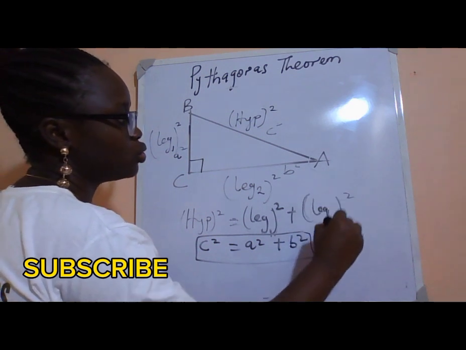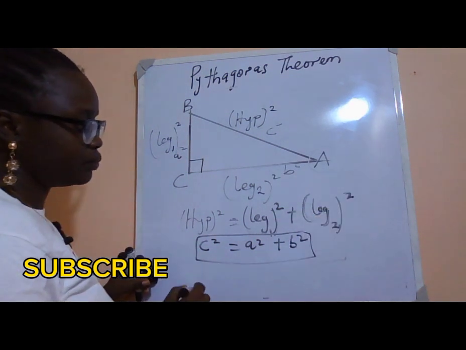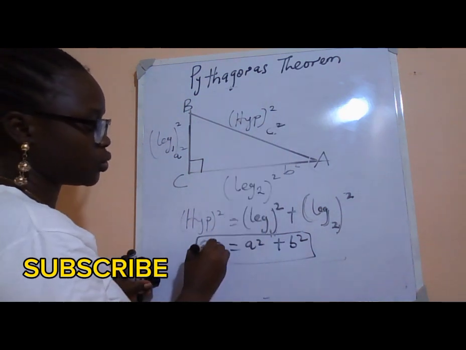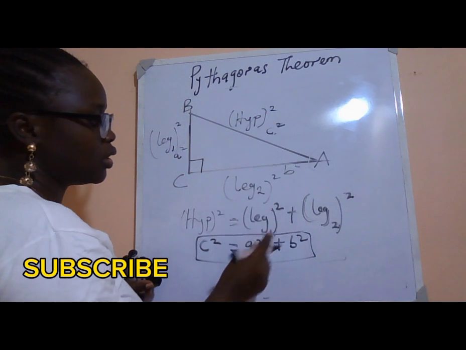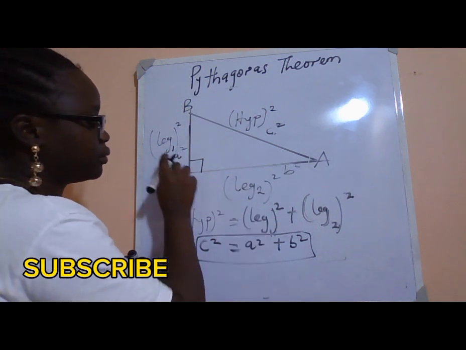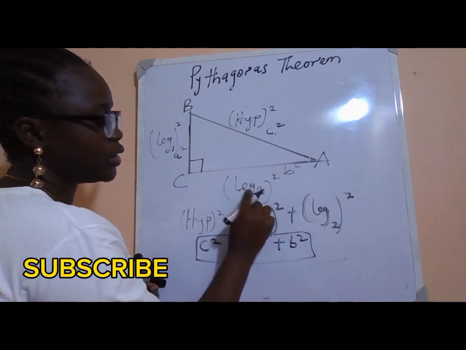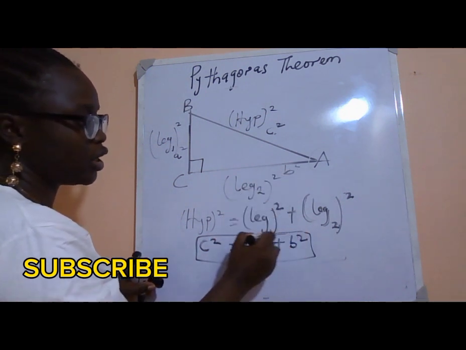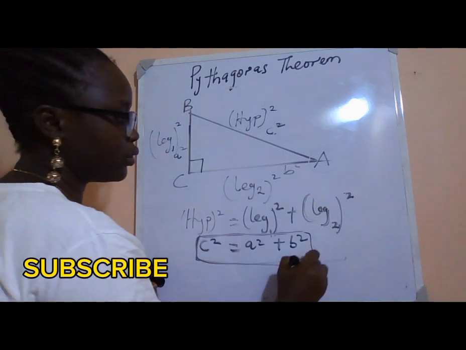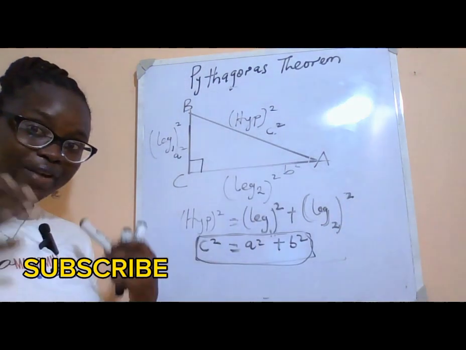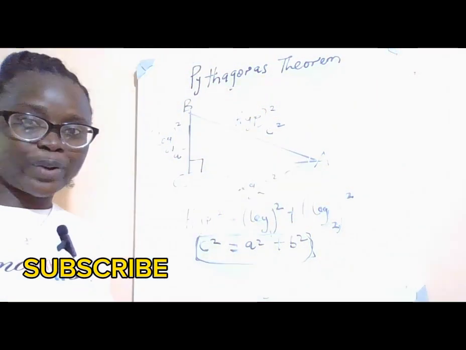Leg 2 squared. So since our hypotenuse is c squared, we can give it as c squared equals what? The first leg is a squared plus b squared, the second leg. So this is the law of the Pythagoras theorem. With this law, we are good to solve any given question on the Pythagoras theorem.